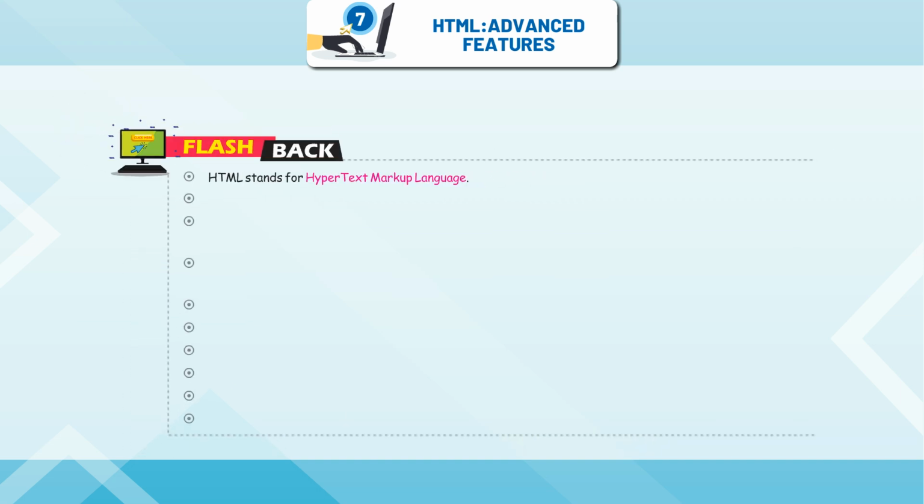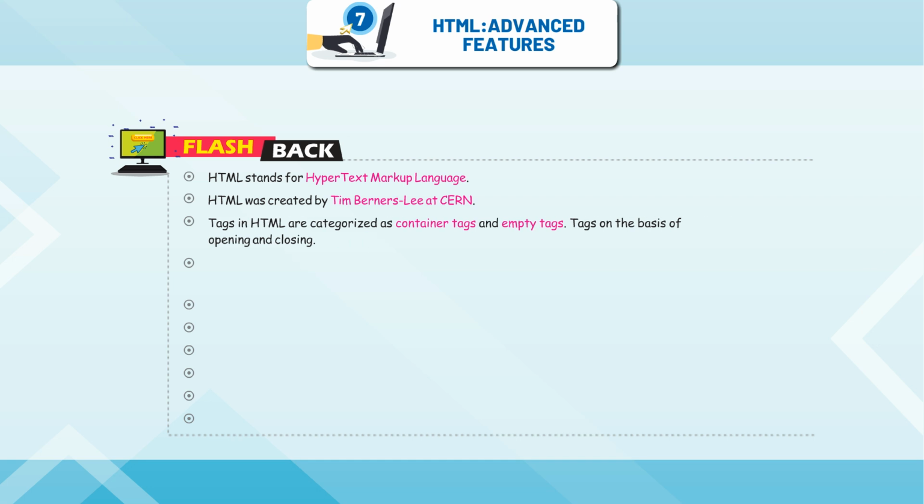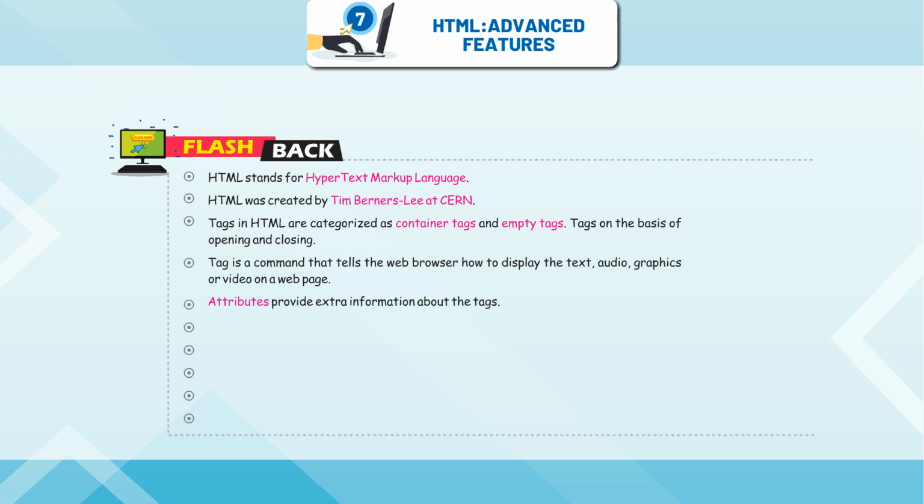Flashback. HTML stands for Hypertext Markup Language. HTML was created by Tim Berners-Lee at CERN. Tags in HTML are categorized as container tags and empty tags, on the basis of opening and closing. A tag is a command that tells the web browser how to display the text, audio, graphics, or video on a web page.